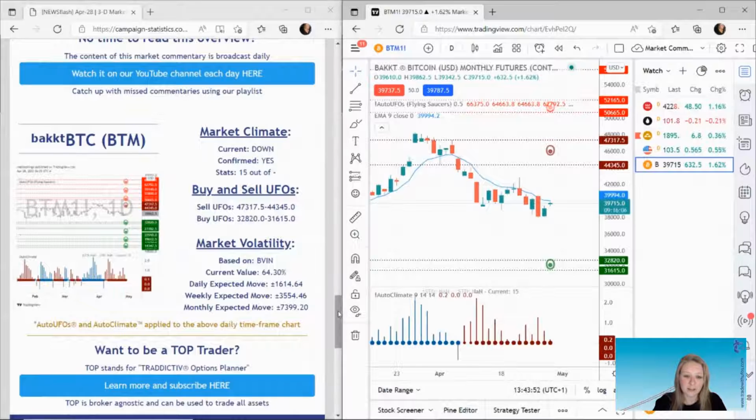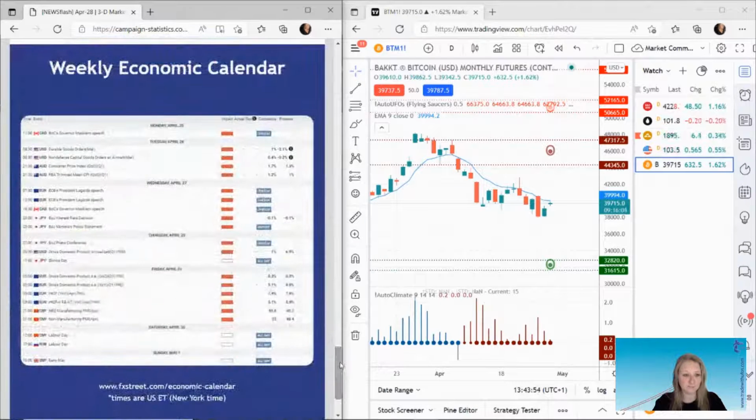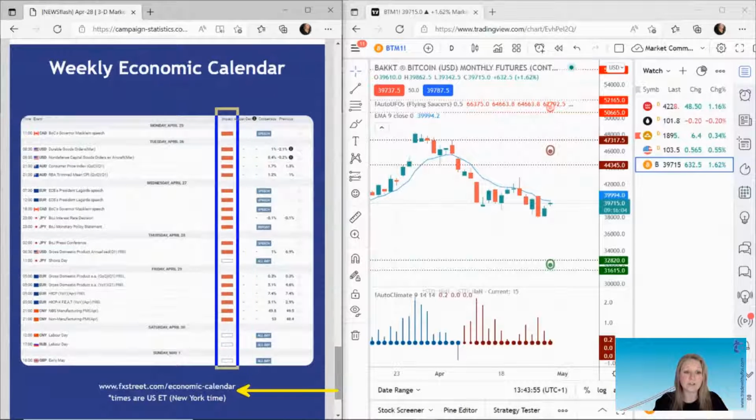So, last thing to look at is our weekly economic calendar. We get this from fxstreet.com, and we filter by high impact news to see which scheduled news reports are likely to create volatility in the markets that we trade. So today being Thursday, we had some news that came out already this morning, 2 a.m. Eastern time, that could have affected the Japanese yen or Japanese markets.